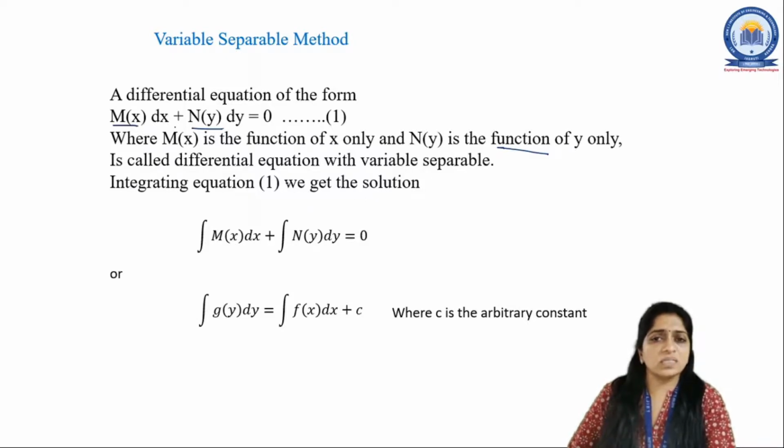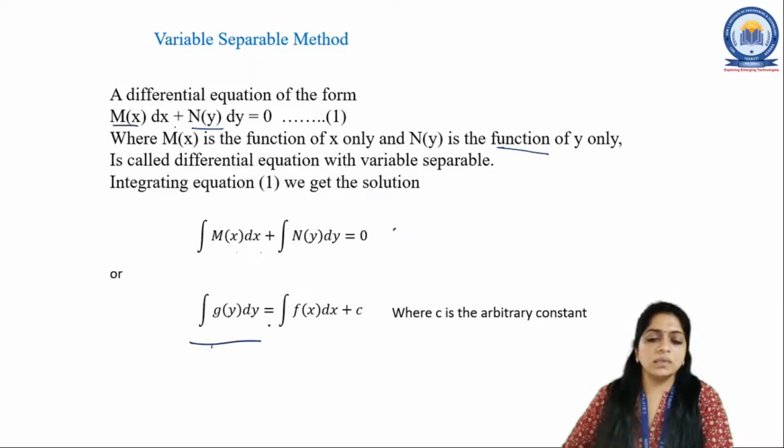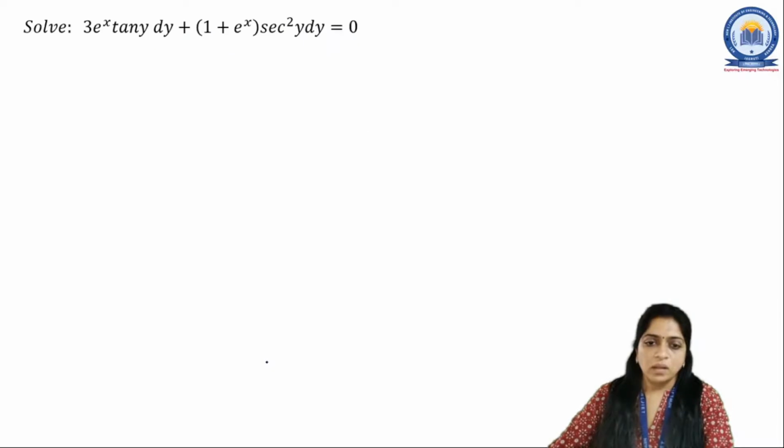We just have to do direct integration. By taking integration on both sides, the answer is the integration of M(x) dx plus N(y) dy, and the right hand side is any constant, the integration of 0. We can also write the solution in this form. So let's start an example for better understanding.